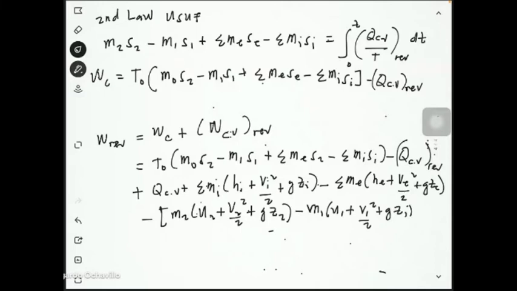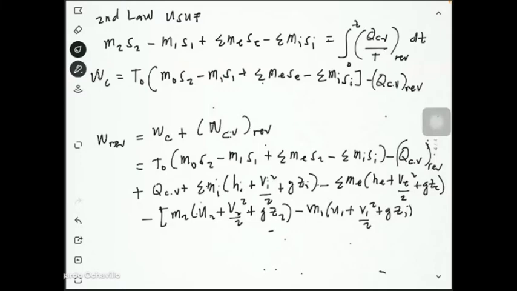Okay, you have this work reversible here and you have this WC. So this is applying the second law, the unsteady state or uniform state, uniform flow process.